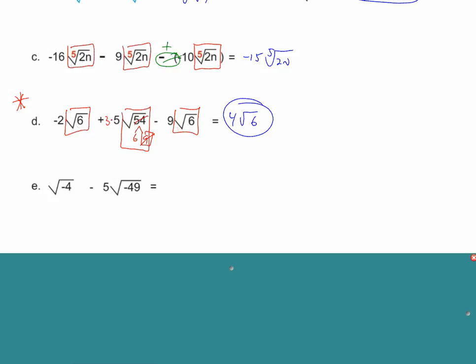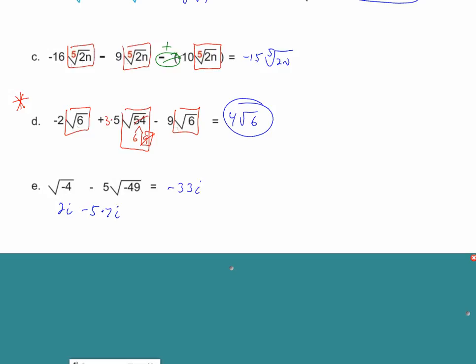Looking at E, what would you get with E? What would you do with E? So what do you got? 2i and a negative 5 times a 7i. So you got 35 negatives and 2 positives, which is 33 negatives.